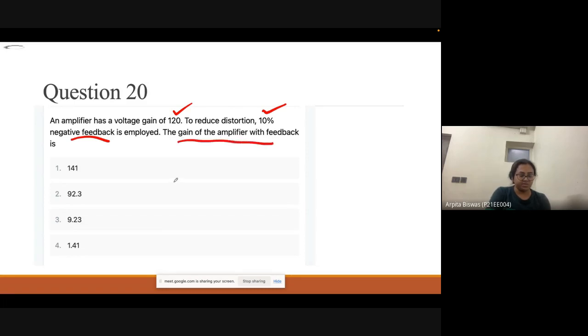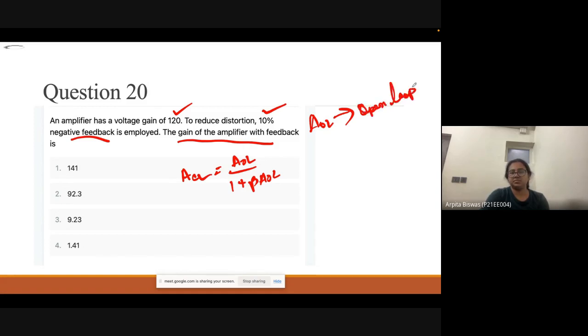Okay. So we know that ACL equal to AOL by 1 plus beta AOL. What is the AOL? Open loop gain. And what is ACL here? Closed loop gain.